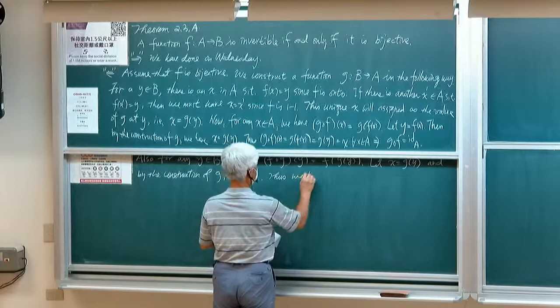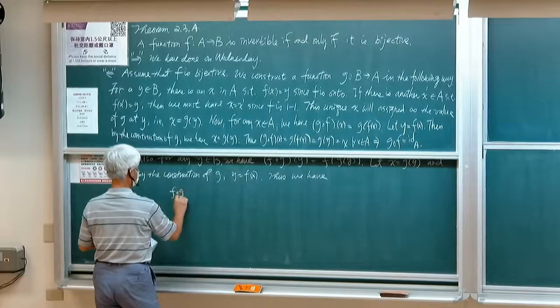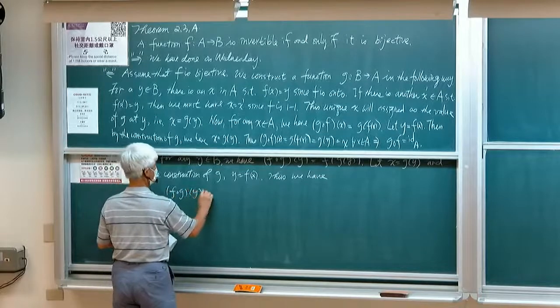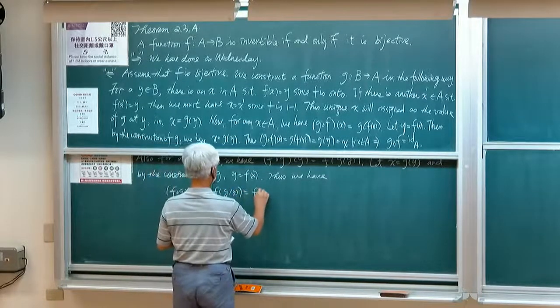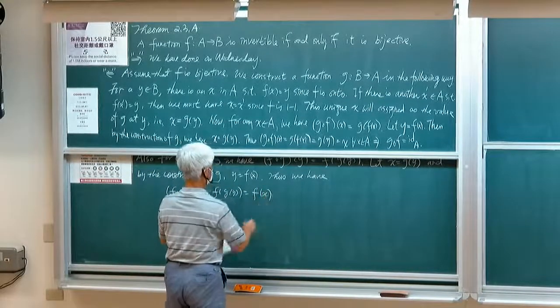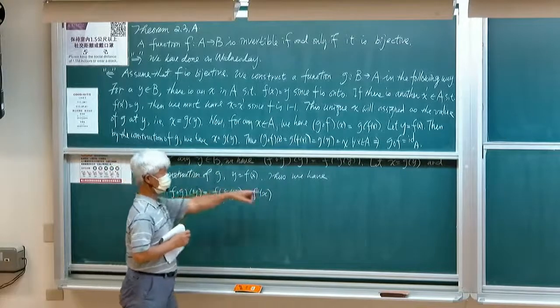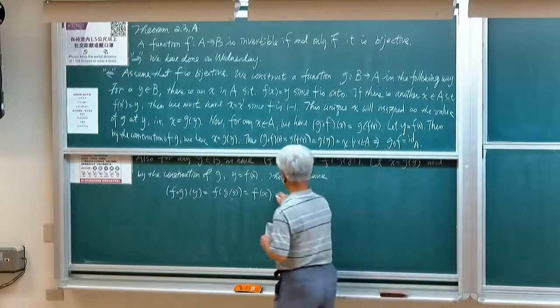Thus, we have f circle g of y equals f of g of y, where g of y is set to be x. Once we set x to be that way, then f of x is equal to y.